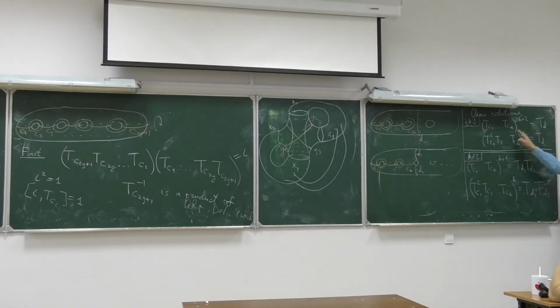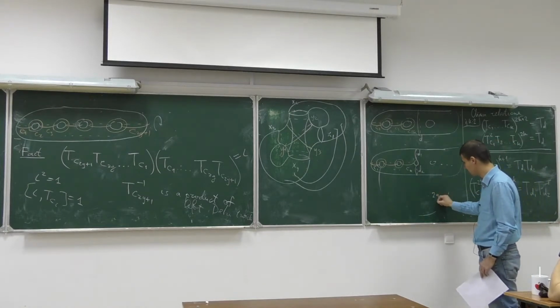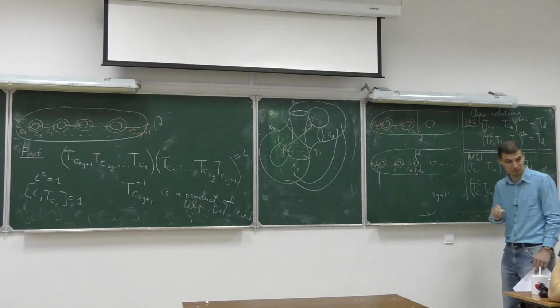Actually, from these relations, next time I will show this, it is not hard to show that Dehn twists about non-separating curves also have some roots. In fact, on a surface of genus g, Dehn twists have roots of order 2g+1.